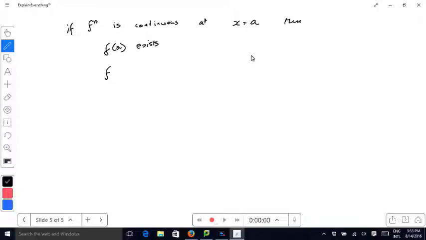We can say the limit as x approaches a for f of x exists, and the limit as x approaches a for f of x is therefore the value f of a. So for a function to be continuous, essentially there will be no break in its graph.